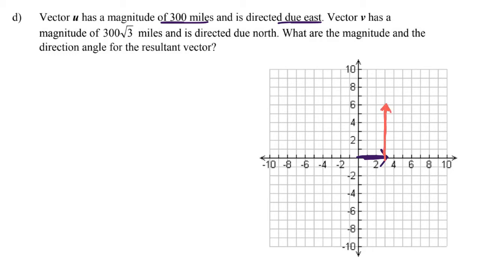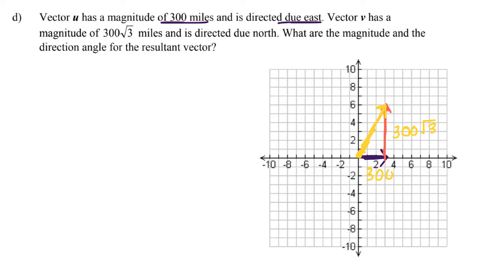Okay. And again, we need to find our resultant vector. That resultant vector is going to start where the first one started and stop where the last one stopped, tip to tail. So let's see again. Our first one, we had 300. And then this one was 300 root 3.